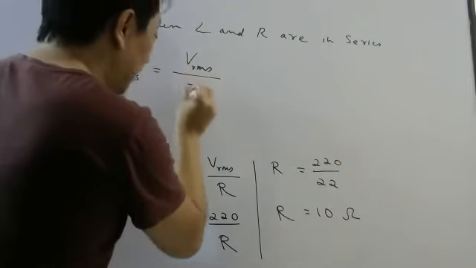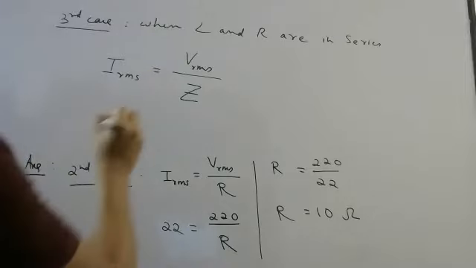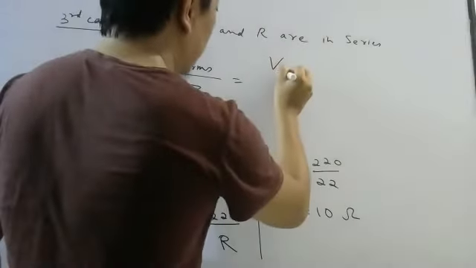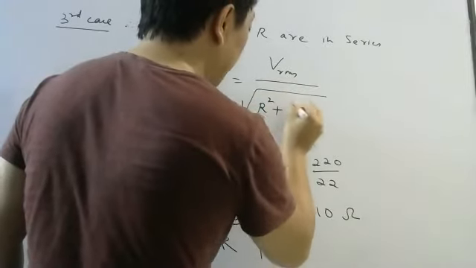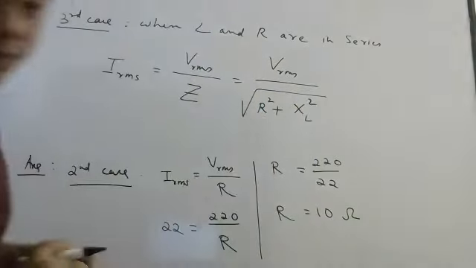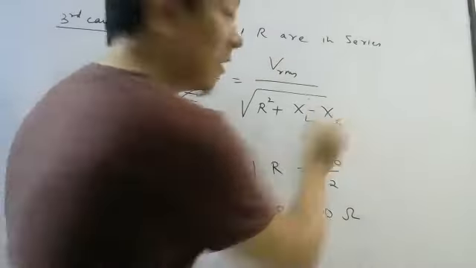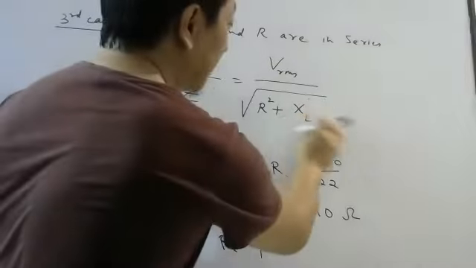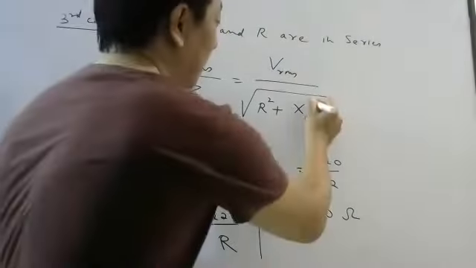Now you should write Z. And Z formula, what will you write? Root over R square plus XL square. Okay. XL minus XC we write. But this time there is no XC. Capacitor is not there. So why will I write XC? XL square.